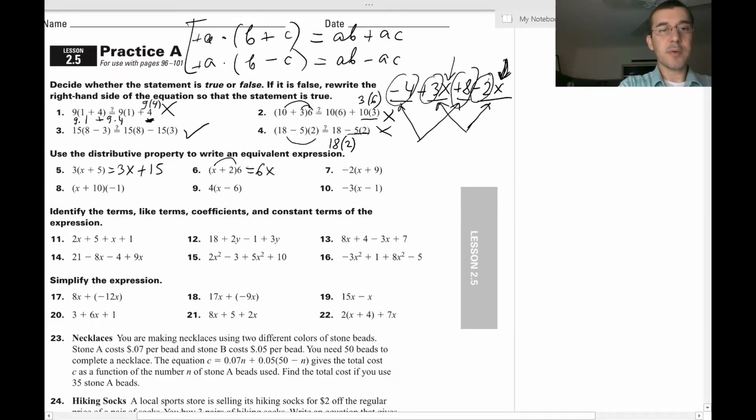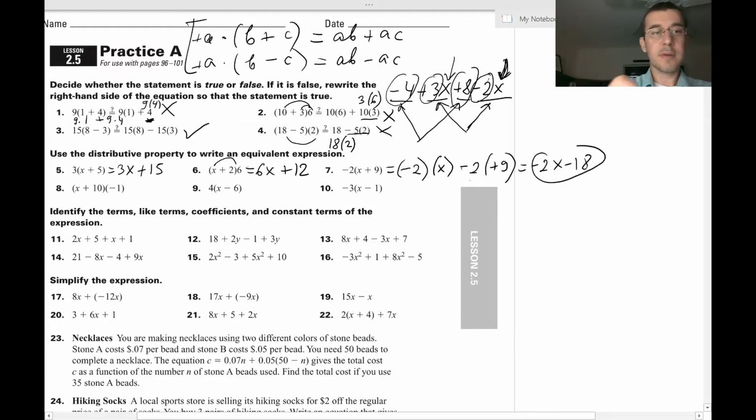And then we're multiplying 2 with 6, that's plus 12. And number 7, let me spell this one out so you understand. So minus 2, we multiply that with x, and then we have minus 2 times plus 9, or this is minus 2x minus 18.